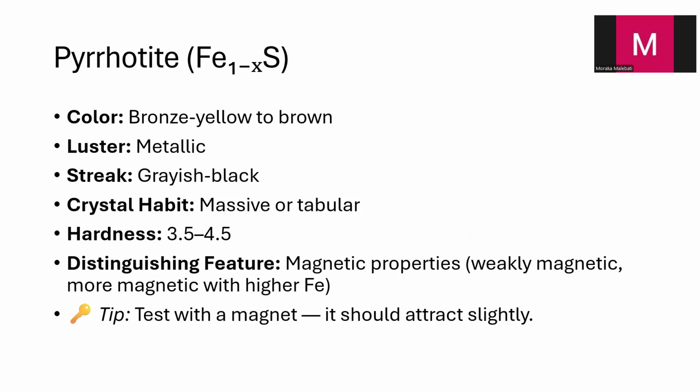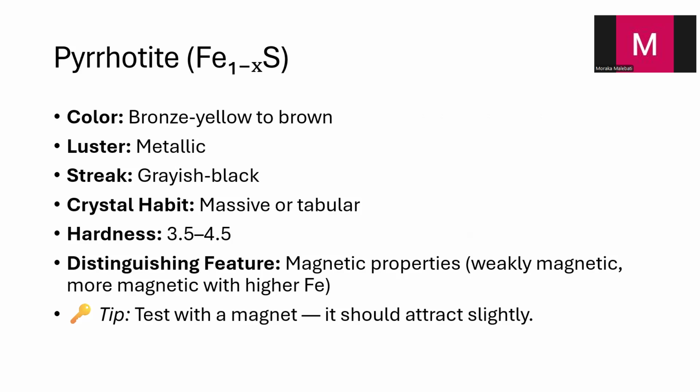But if it has an increased concentration of iron, it might be highly magnetic. If it has less iron content, it will be slightly magnetic. But compared to the other sulfides, such as galena, pyrite, and others, it's magnetic. That is the distinctive feature.